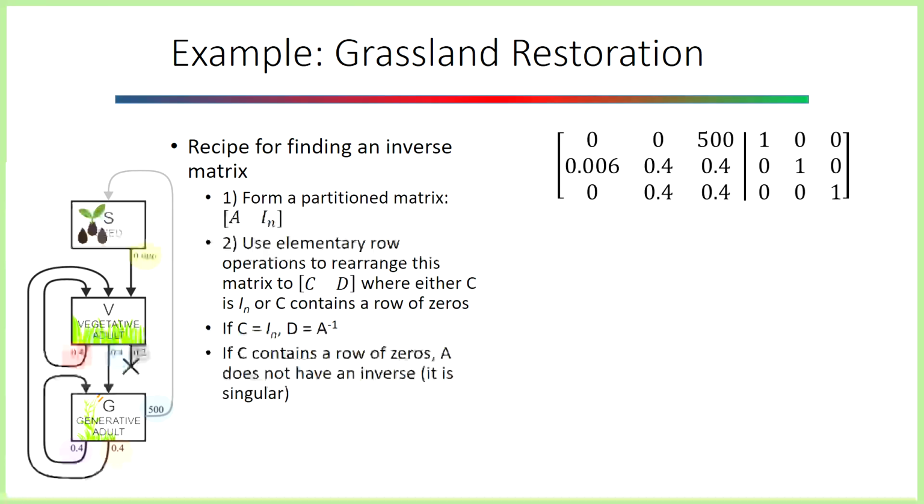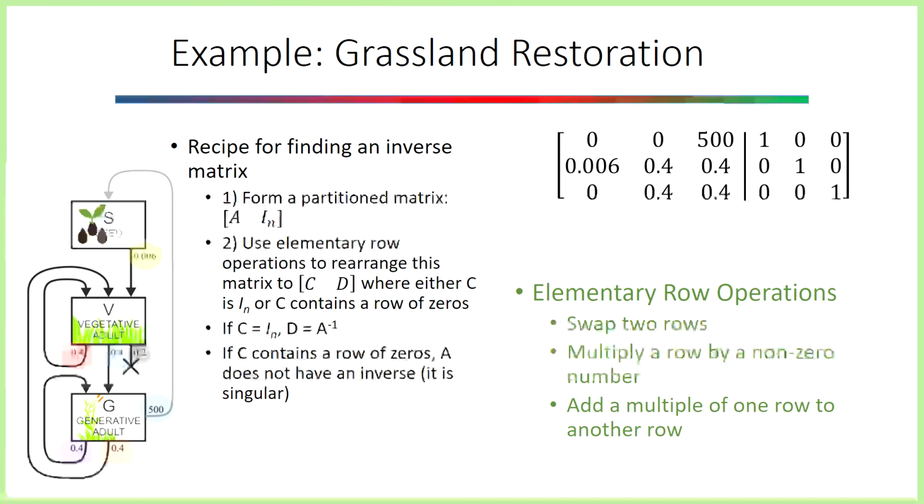Next, we want to use our elementary row operations to rearrange this matrix so that we have an identity matrix on the left-hand side of the partitioned matrix. Let's remember again what the elementary row operations are. They are swap two rows, multiply a row by a non-zero number, or add a multiple of one row to another row. Okay, so let's get to work.